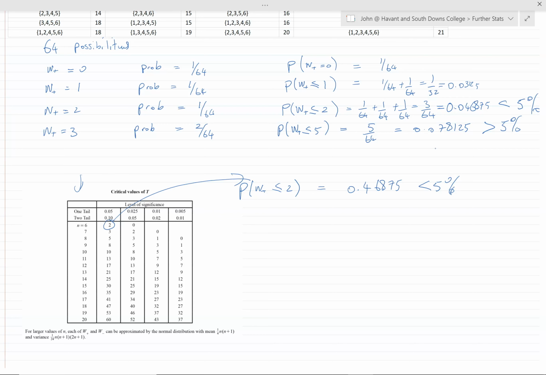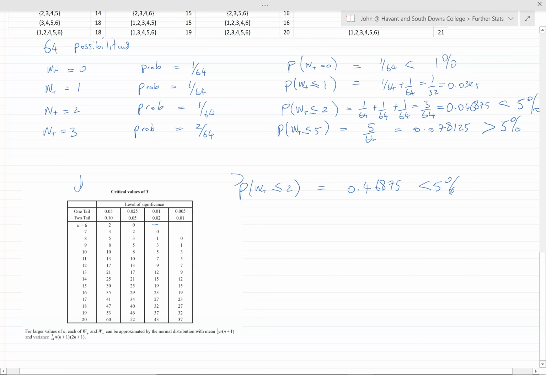Let's imagine that our test was 1% though. If I had a 1% significance level, well, actually, not even 0 catches that, which is why this is blank. Because even if you get 0, 1 divided by 64 is equal to 0.015625, which is less than 1%.